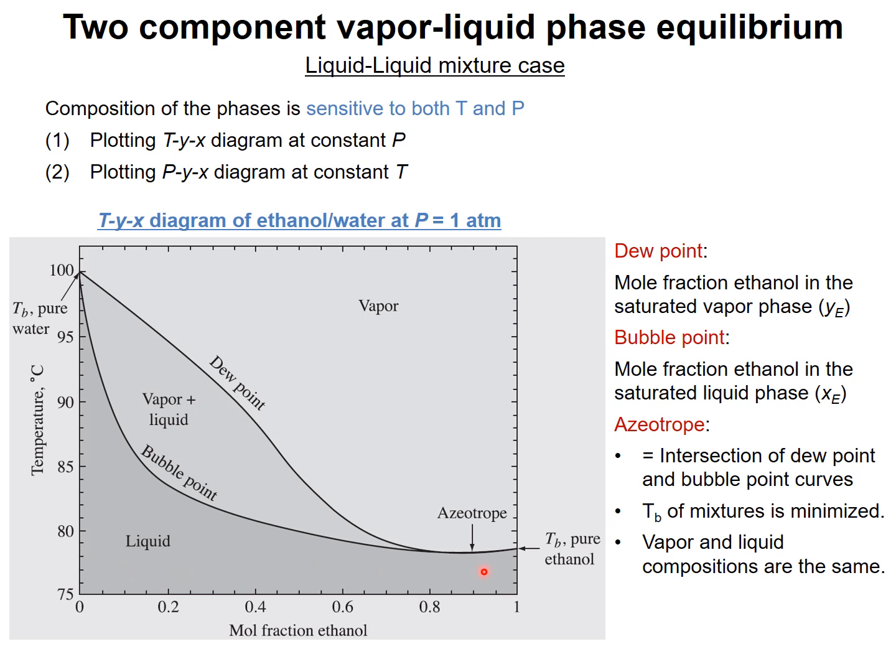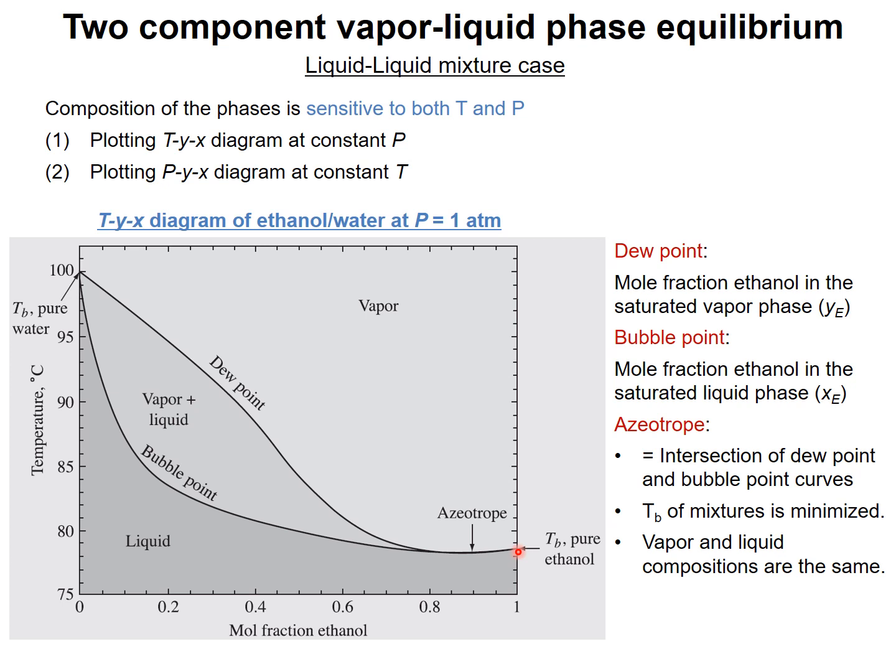Let's go to the other extreme. At mole fraction of ethanol equal to 1, that is the pure ethanol. And what is the boiling point of pure ethanol? Here, about, I'm not sure, 78.5 Celsius degree is the boiling point of pure ethanol.